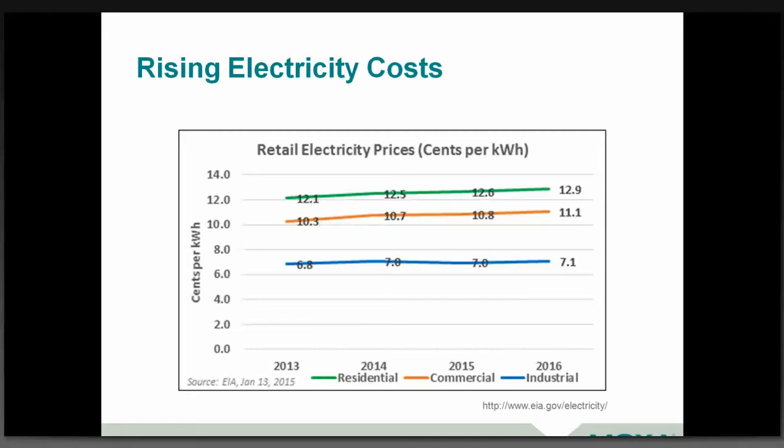There are different rates, and of course based upon the size of your business there are different ways that you may have to pay for your energy usage. Overall, I think it's safe to say, looking at some of the trends that have been taking place, that the cost of energy is not going down significantly. If you look in the news and see that the wholesale price per barrel of oil is down, if you look at the longer term trend, the general trend is that prices are increasing.